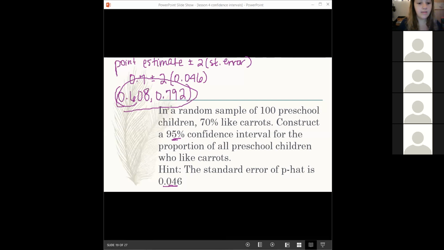Does that make sense to everybody? Cool. Where did I forget parentheses?